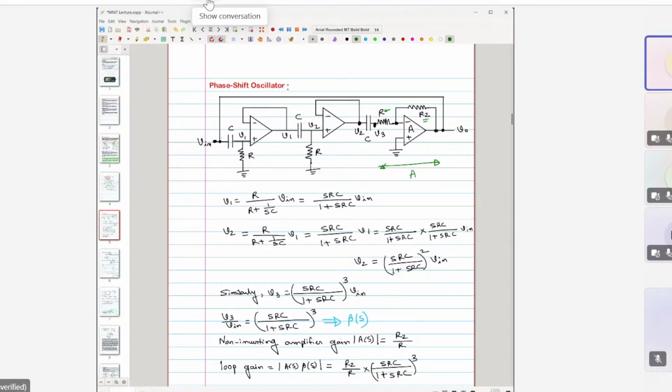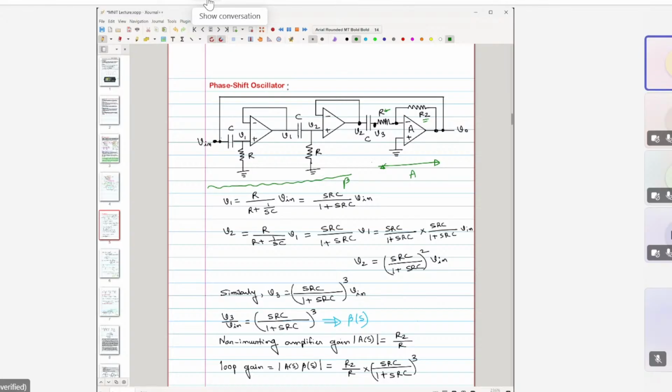And this part is this beta part, or this feedback frequency selective part. Remember why we are saying this is frequency selective: depending on the values of R and C, it will be able to pass only one selective frequency. So that's why it is called a frequency selective part.